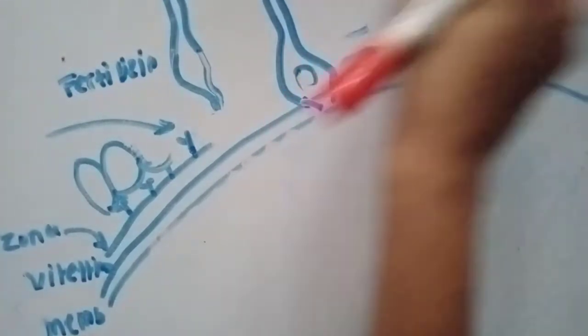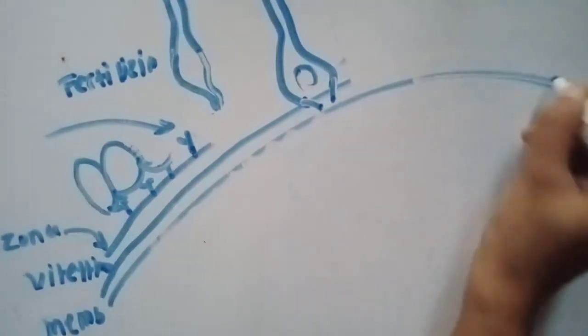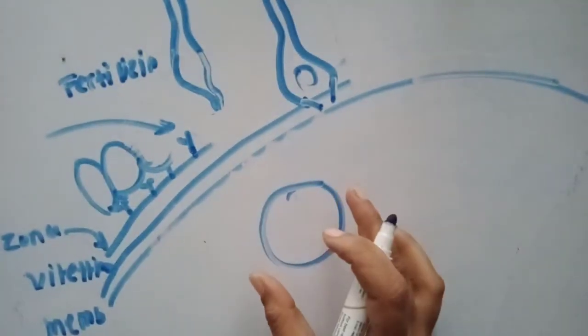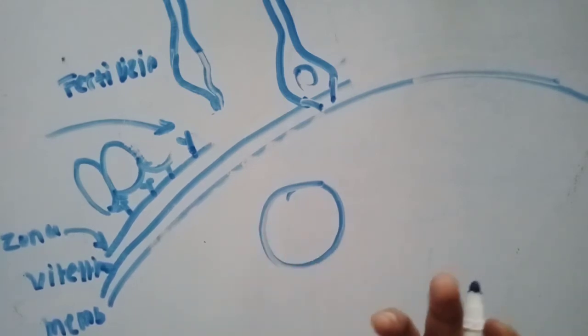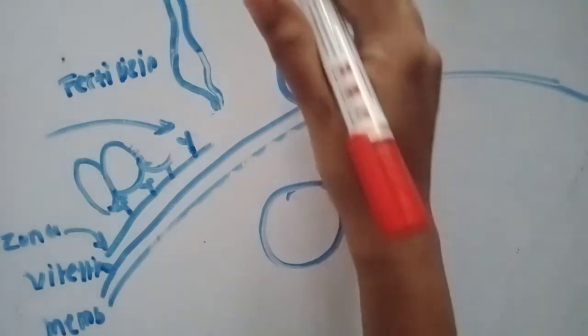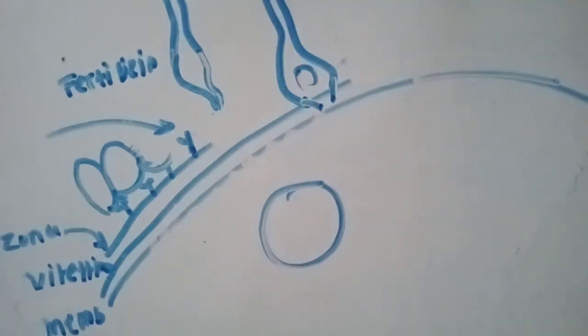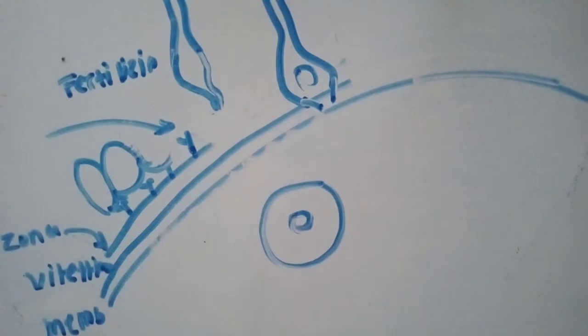The next step is, as it comes close to the egg membrane, the ovum is not yet formed. This is a secondary oocyte that has been arrested at meiosis 2 metaphase. As soon as it touches the egg membrane, it completes its meiosis 2, and finally the ovum with nucleus is there.